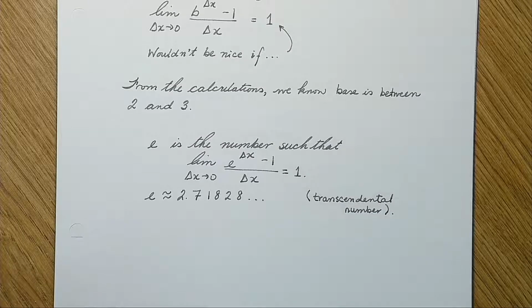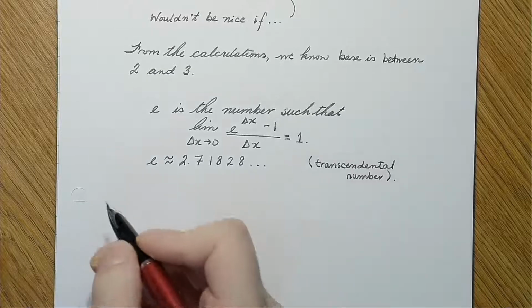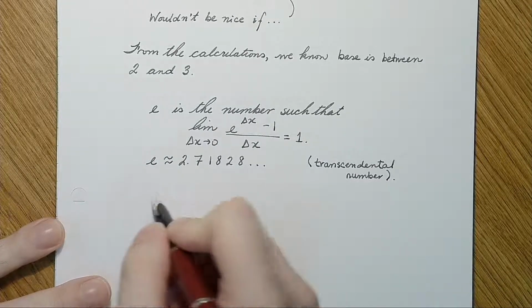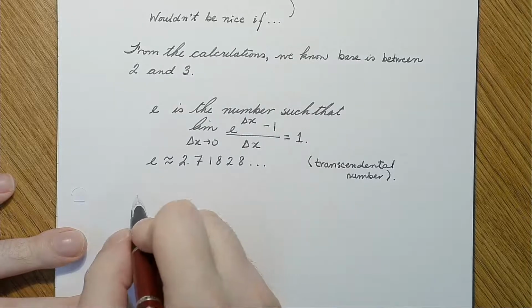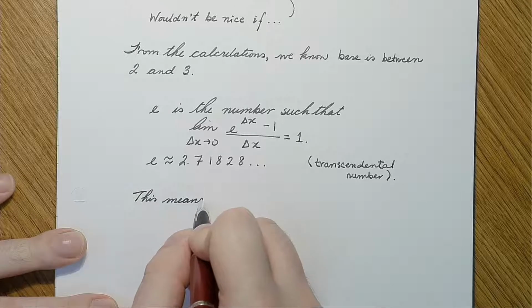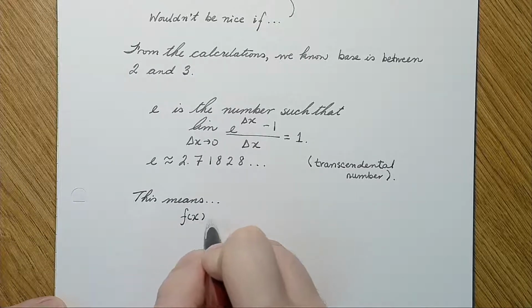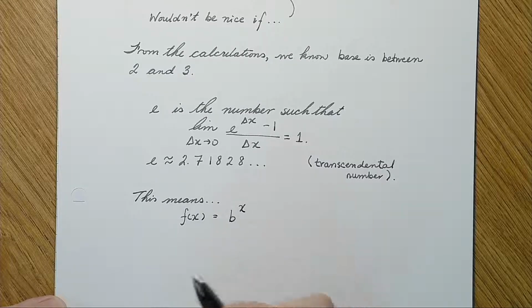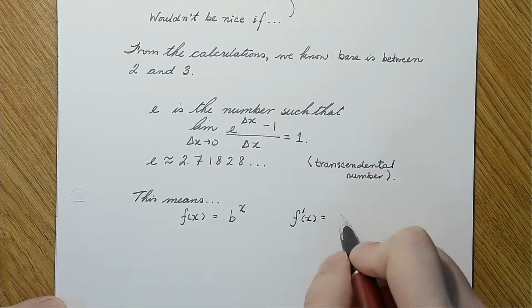So, okay, you're going like, so what? What's nice about e is that, so I have f of x is equal to b to the x. So that's what I have for my derivative so far.